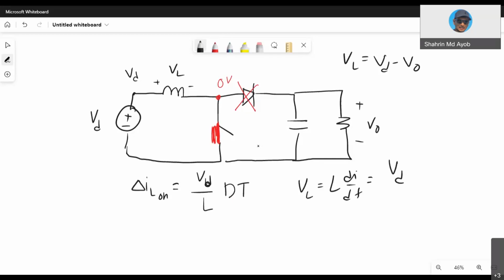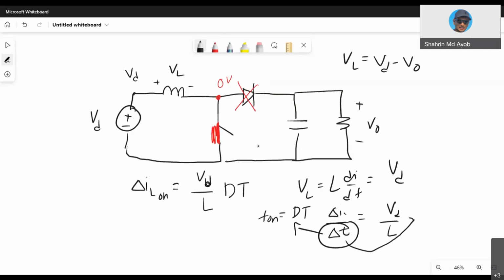So VD over L is equal to the change of IL over the change of T. And we know that the change of T here is actually T on, and T on is DT. So you move it here, and it becomes VD over L times DT.